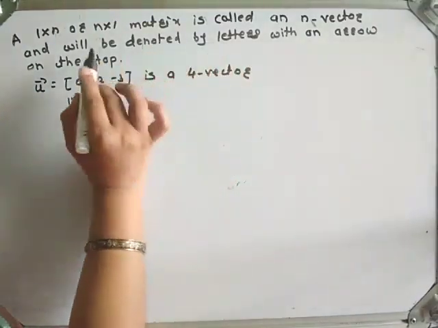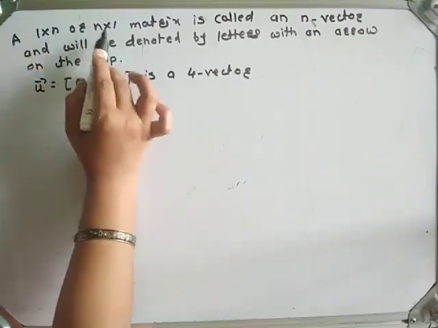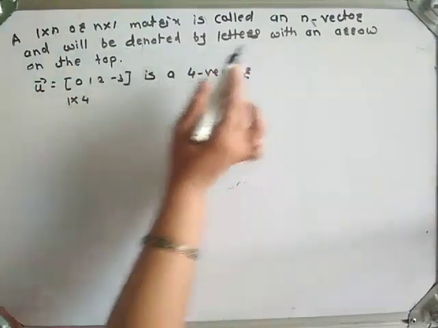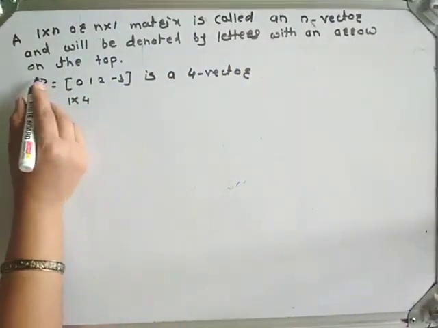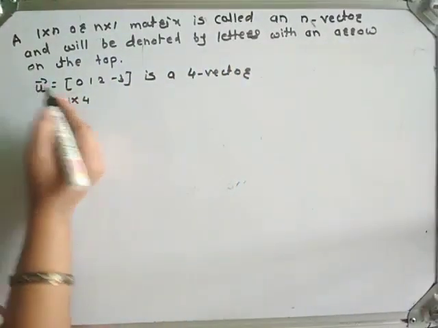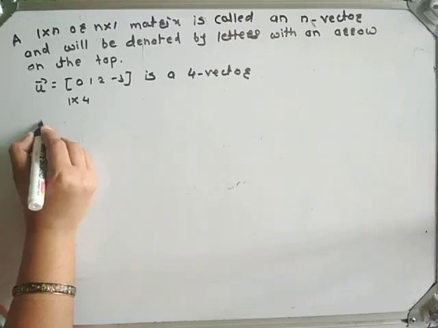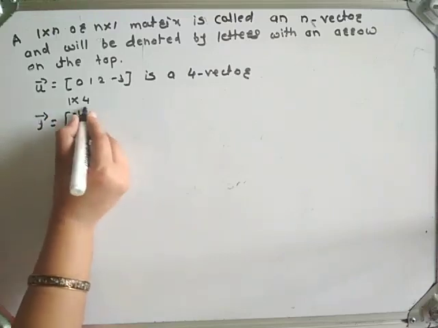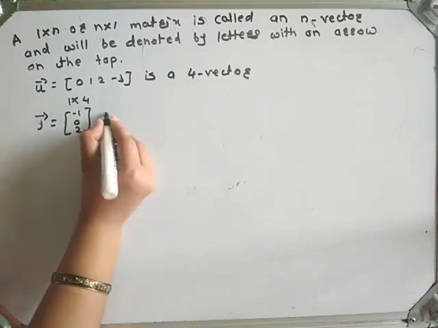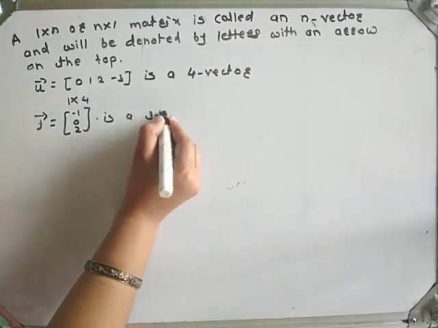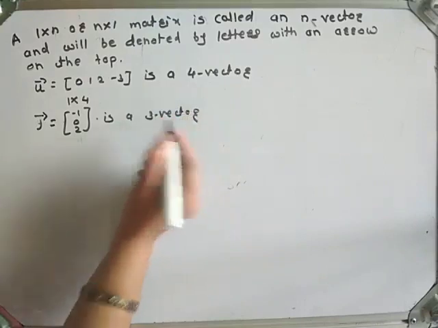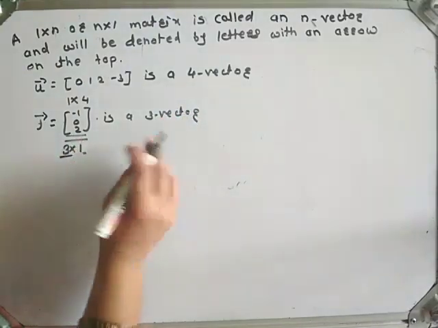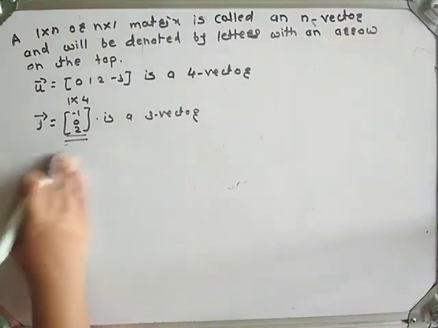Because this 1 by n or n by 1 matrix is called an n vector and it is denoted by letters with an arrow. So it is u bar. Next is y bar equal to minus 1 0 2. It is a 3 vector. Why is it a 3 vector? Because the size of this matrix is 3 by 1, therefore it is a 3 vector.